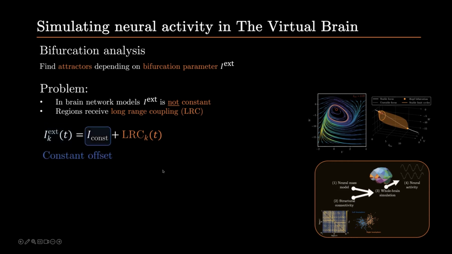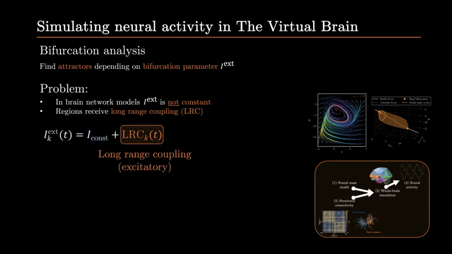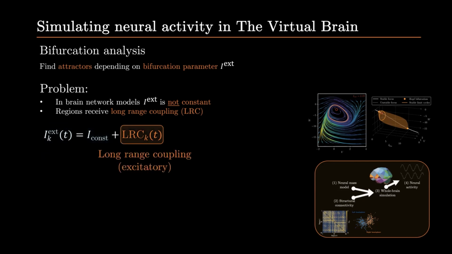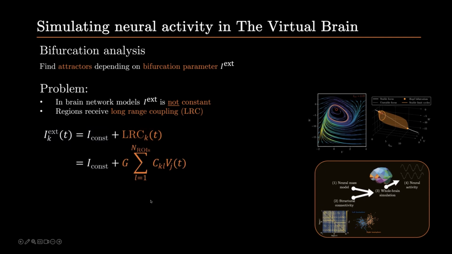So how can we possibly use a bifurcation diagram to make network simulations easier to understand? So we have the constant offset and this long-range coupling, which is usually excitatory. I can show you very roughly how this long-range coupling looks.